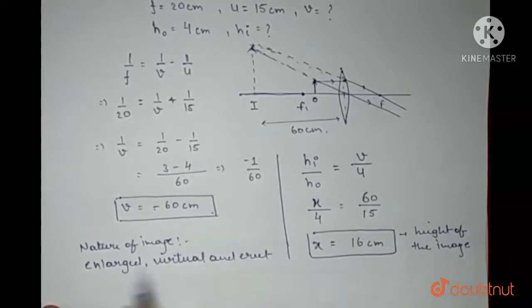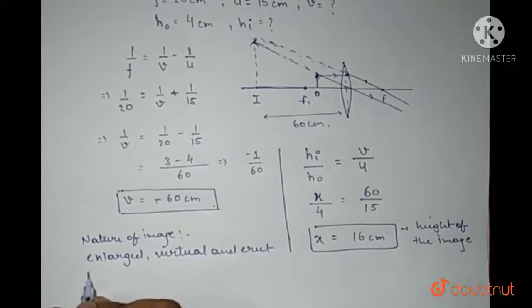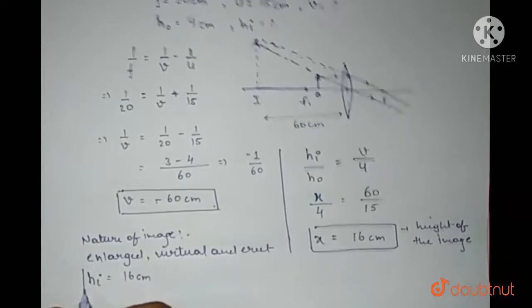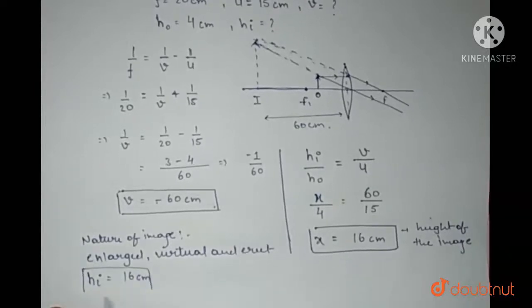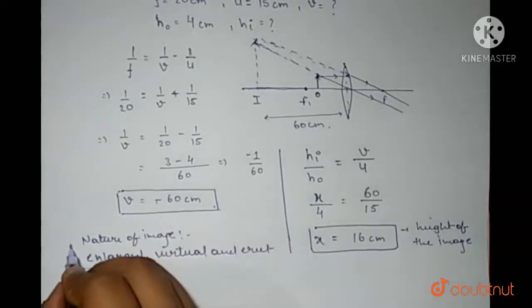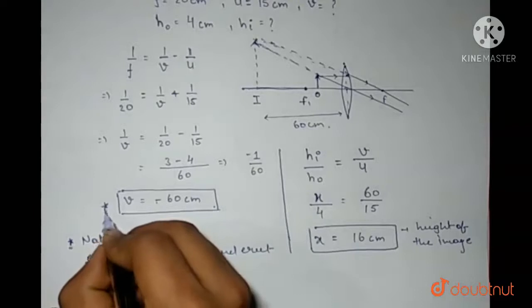So the nature of the image is enlarged, virtual and erect, and the height of the image, which I am considering hi, is equal to 16 centimeter. And the position is minus 60. These three are the points which I had to calculate.